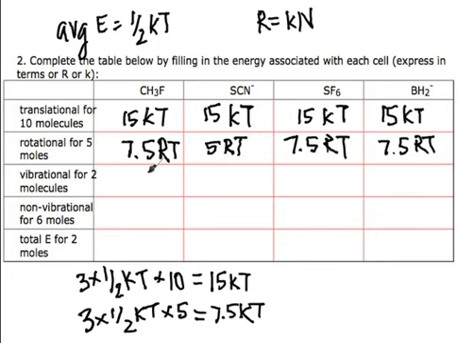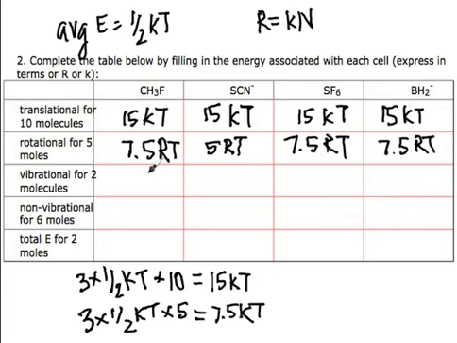For vibrational modes, remember how we calculated it: it's based on the total number of modes subtracted by the translational and rotational modes. For CH3F, we have a total of how many atoms? 5 atoms. So that's 3 times 5, which is 15.